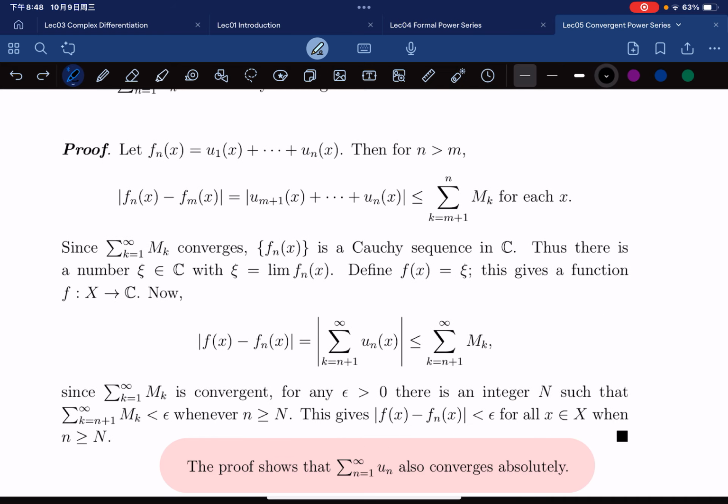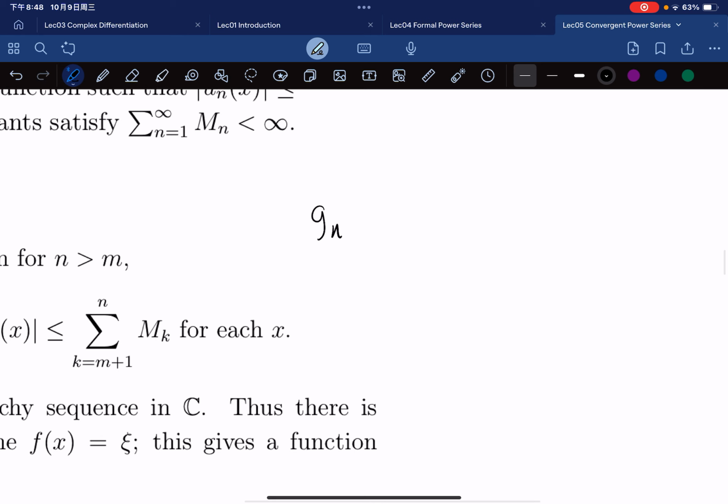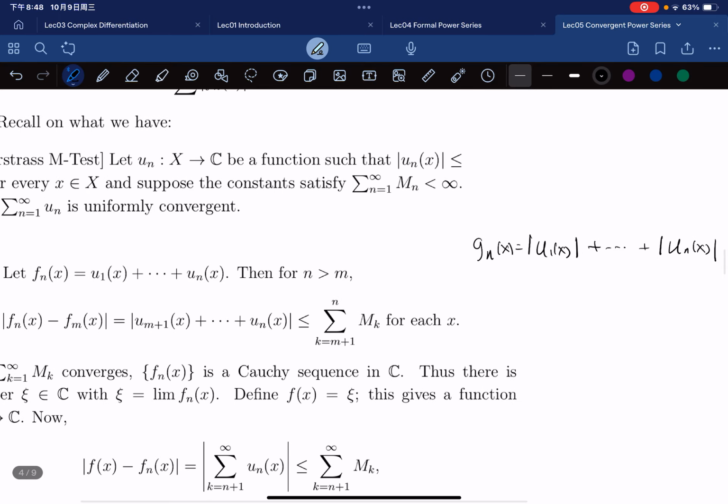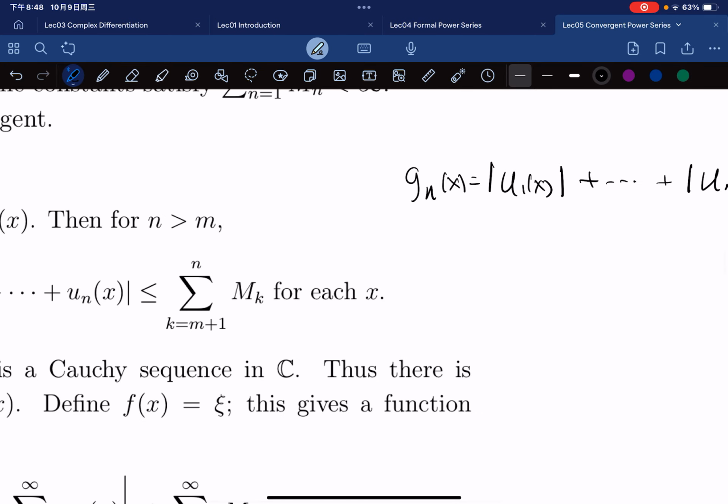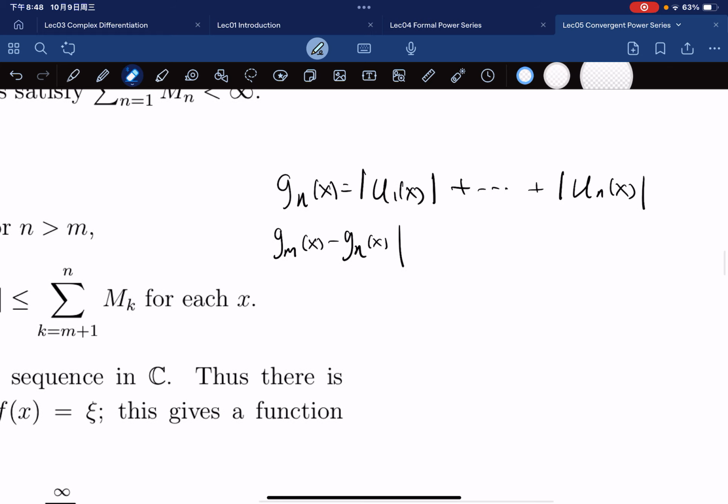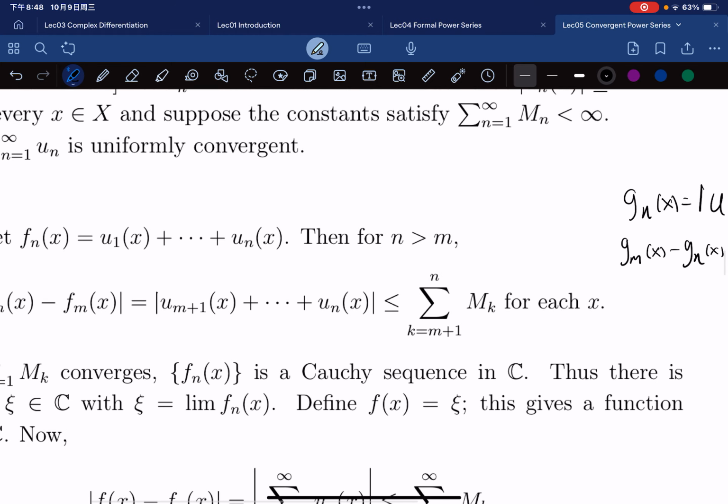How do we see this? Let G_n equal u_1(x) plus and so on plus u_n(x), right? Then G_m minus G_n, if we take that, will be equal to this sum.